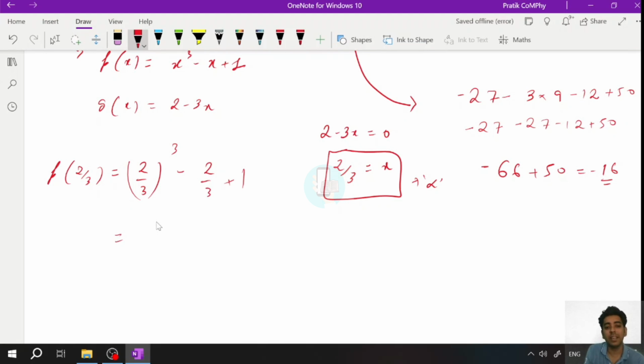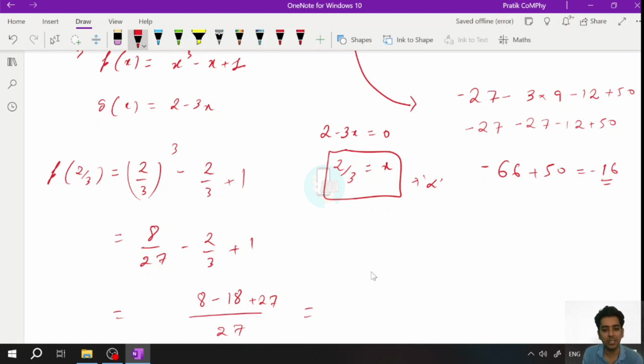So I can see that this would not be equal to 0. This would give me 8/27 minus 2/3 plus 1. So 27 LCM will be 8 minus 18 plus 27. So on solving you would be getting an answer, which I see here as 17/27, I guess, would be the answer to this if I'm not wrong.